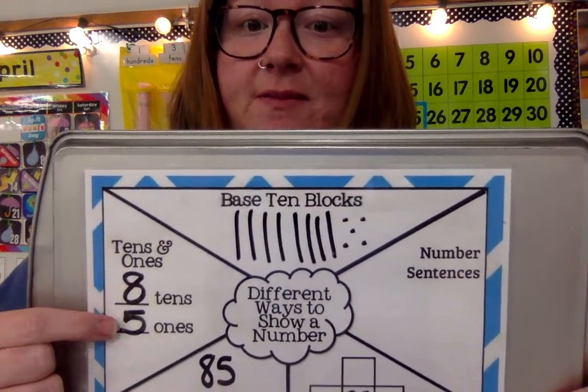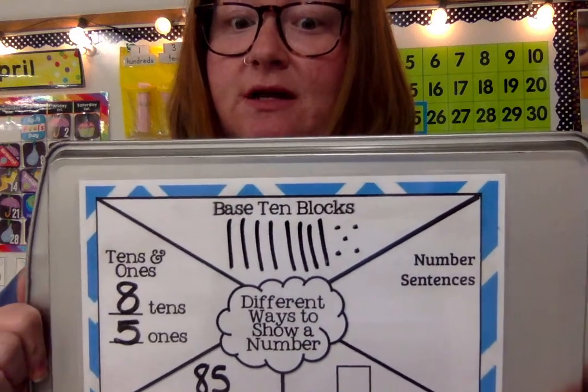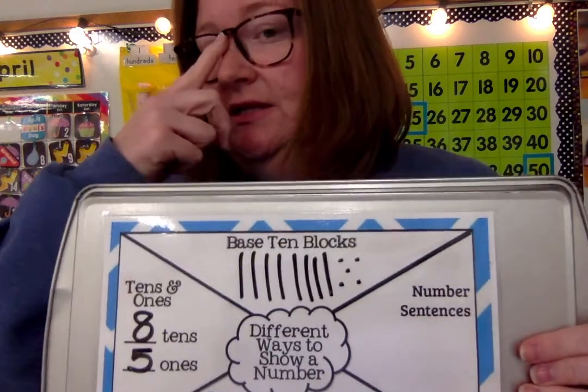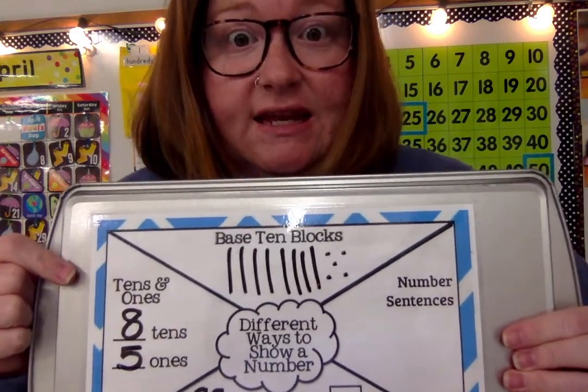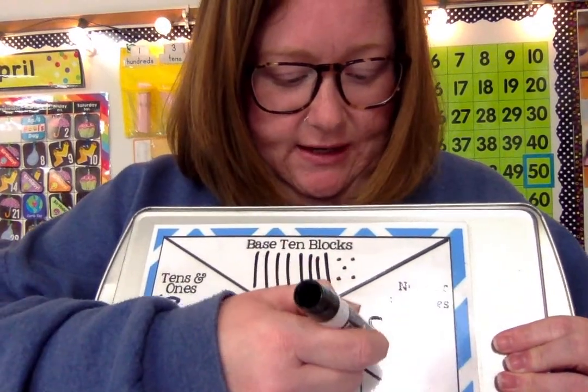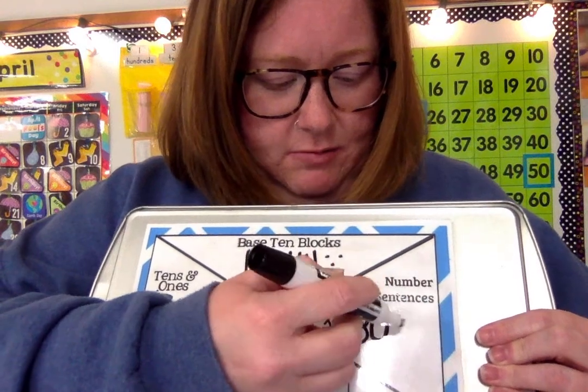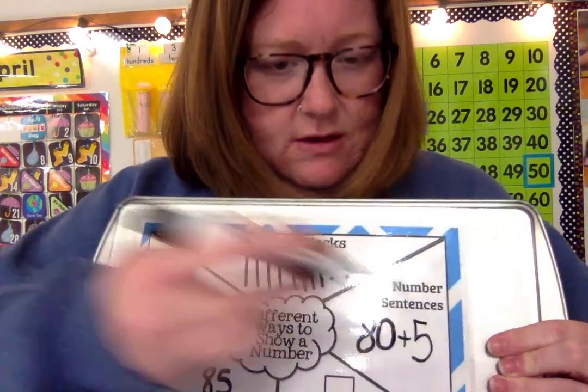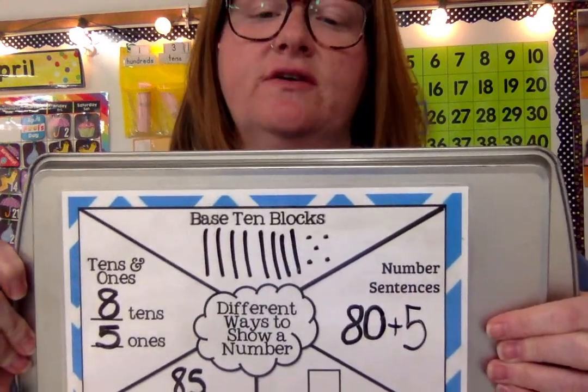Right? If we think about the place value, then we can show it with our base 10 blocks. So our number sentence, 85, that expanded form would be 80 plus 5 more would be 85.